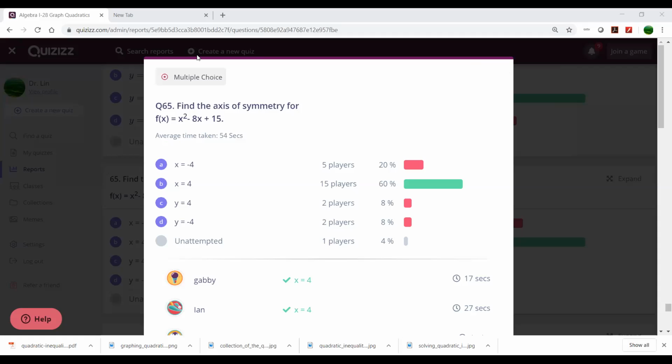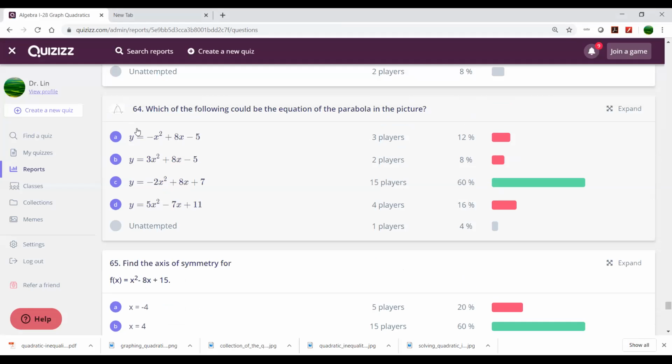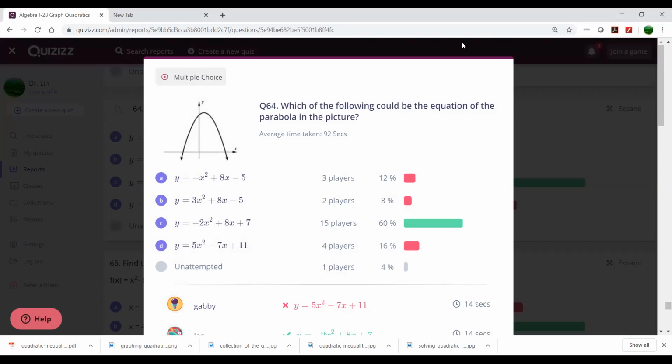Excellent. All right, let's go to the next one. So all the questions actually just review the 5 points that I will review: find whether the parabola opens up or down, find the axis of symmetry, find the x-intercept, find the y-intercept. That's it, right? You can see this one: which of the following equations matches the parabola in the curve? Okay, so this one opens down.